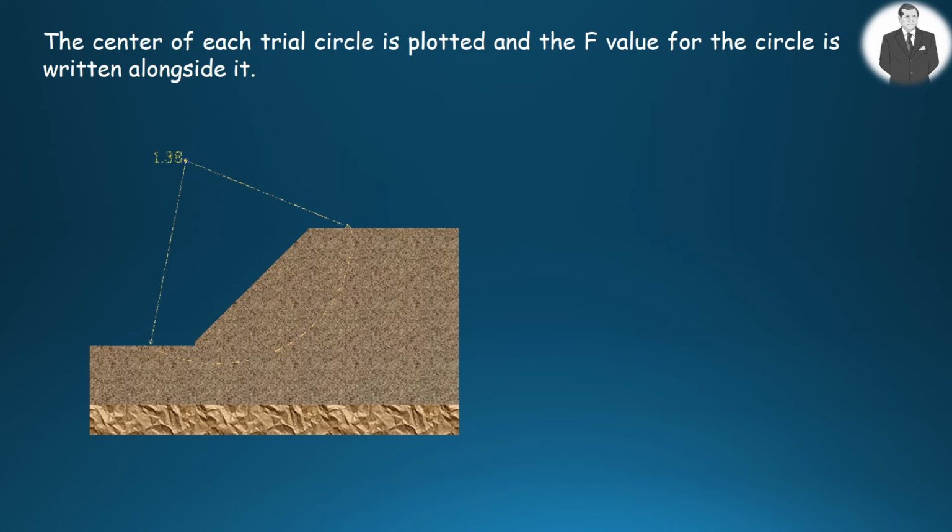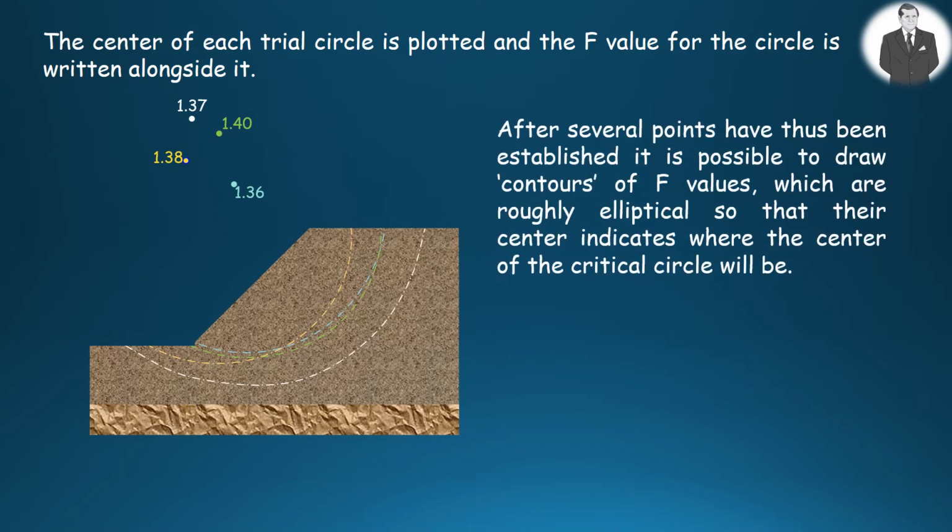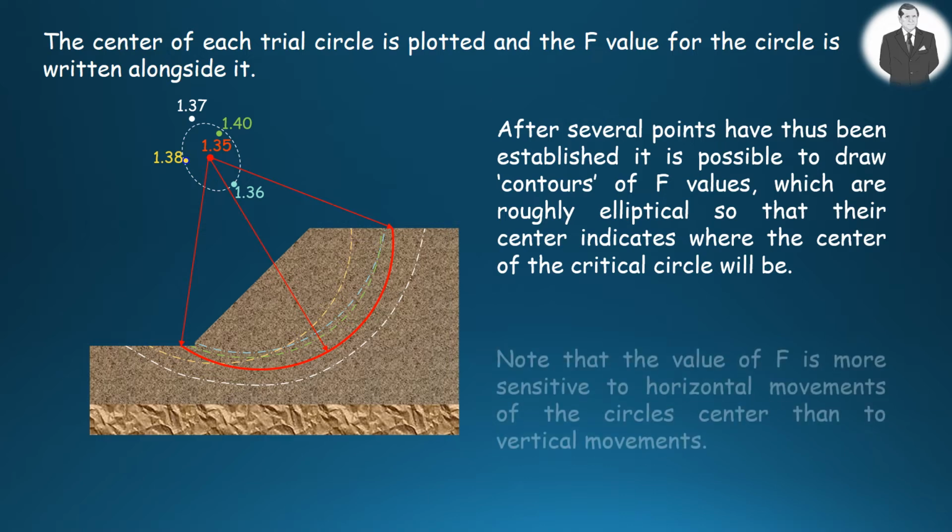The center of each trial circle is plotted and the F value for the circle is written alongside it. After several points have been established, it is possible to draw contours of F values, which are roughly elliptical, so that their center shows where the center of the critical circle will be.